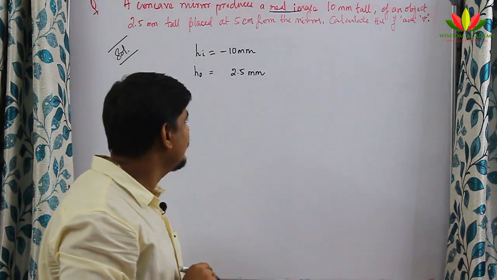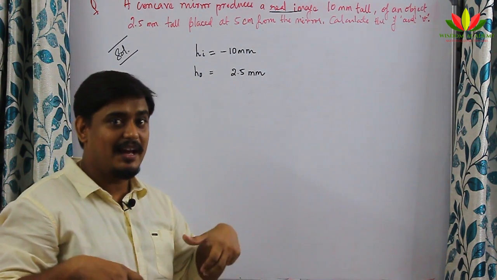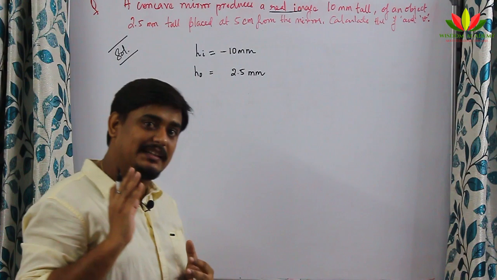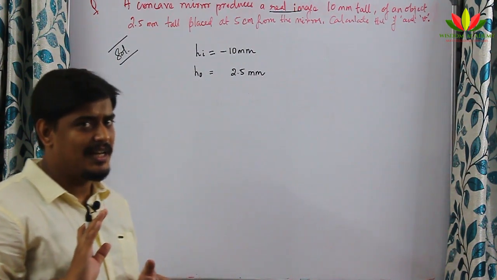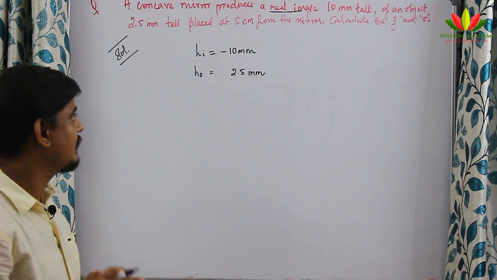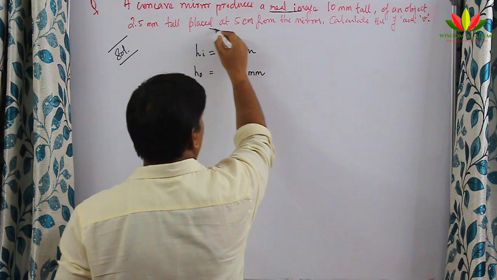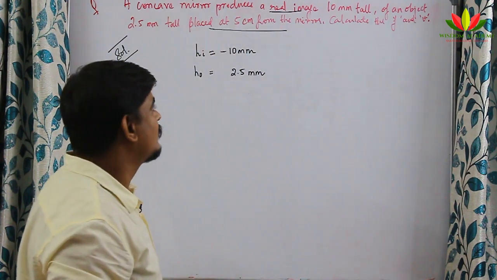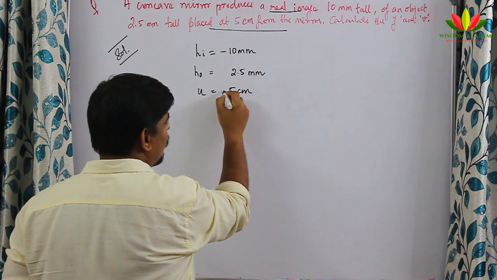If you see carefully, here the image has become enlarged, so I have got an idea that the object is definitely between f and c. I hope you are also able to understand what I am trying to say. They have told that it is placed at 5 cm from the mirror. So u is given as 5 cm, and I told you u is always negative.